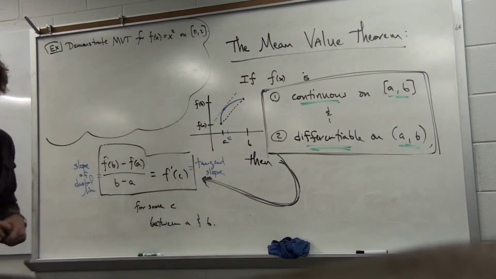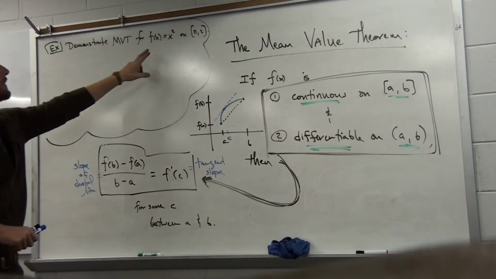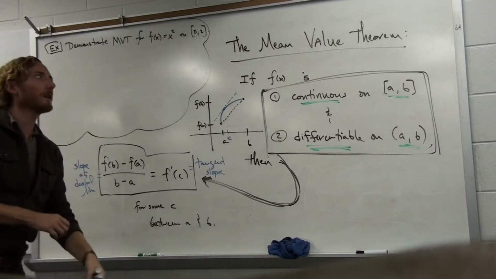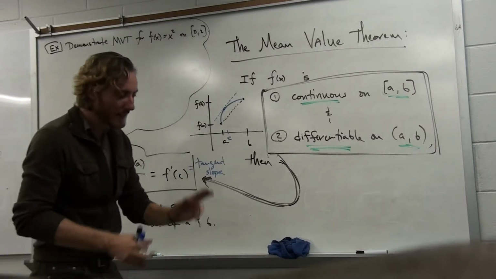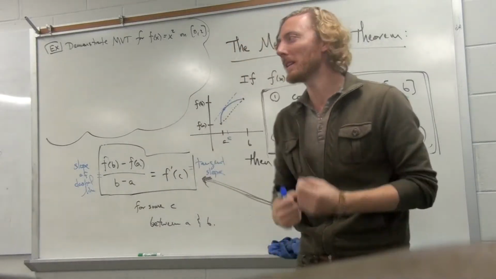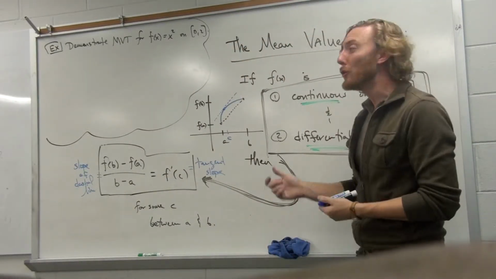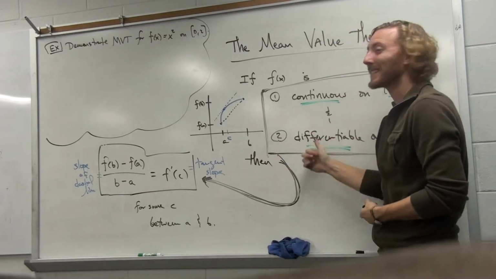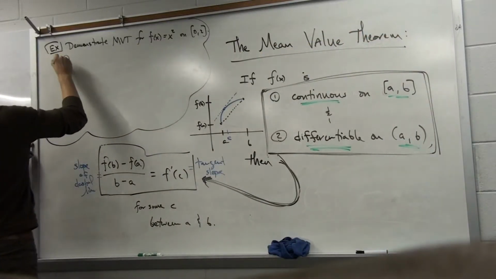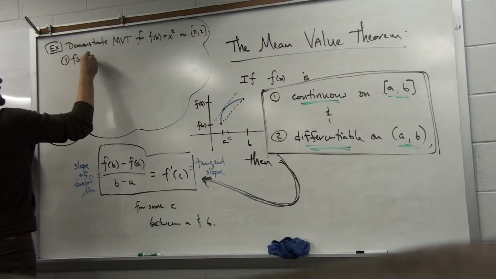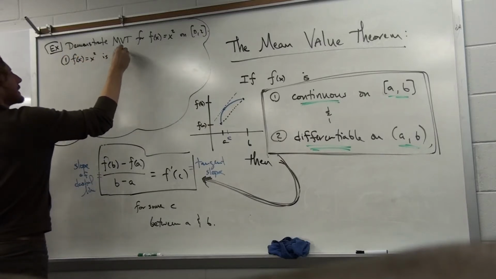So, as an example, let's demonstrate the mean value theorem for the function f of x equals x squared on the interval 0, 2. Now, first key thing, if you're ever going to demonstrate the mean value theorem, we showed you must be continuous and you must be differentiable. So the first thing to notice here is that f of x equals x squared is continuous.